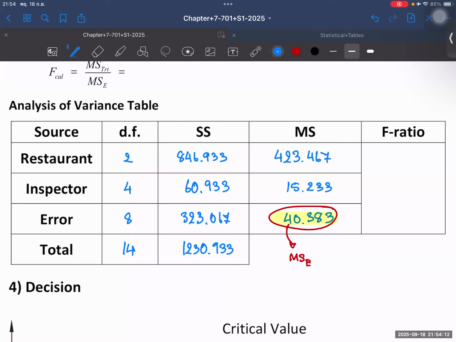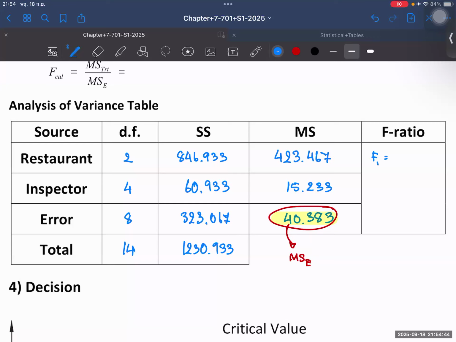So for the F1, okay, you calculate the mean square error divided by the degree of freedom, right? For the mean square error. Oh, sorry. So you want to calculate the F1, sorry.